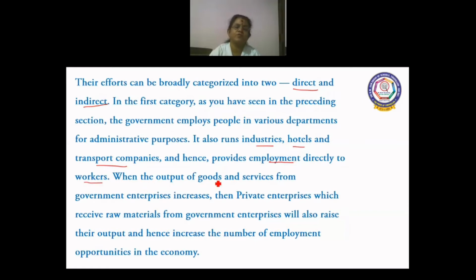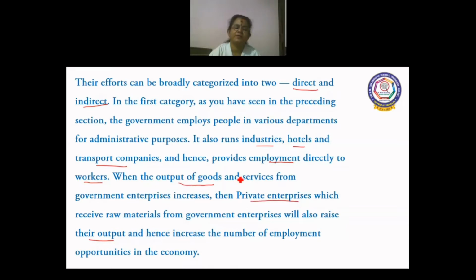When the output of goods and services from government enterprises increases, then private enterprises which receive raw materials from government enterprises will also raise their output and hence increase the number of employment opportunities in the economy. When the government increases the output of goods, this becomes the raw material for the private industries.